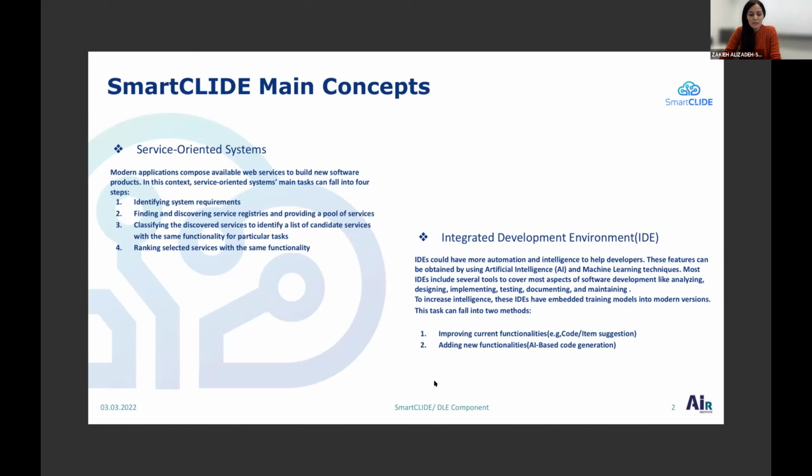One of them is improving the current functionality. For example, if the IDE wants to suggest code based on traditional search algorithms or traditional indexing, now AI comes to help, learning from historical data and giving more accurate information to the developer.